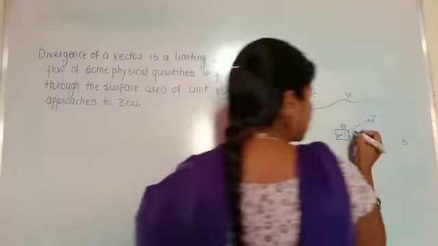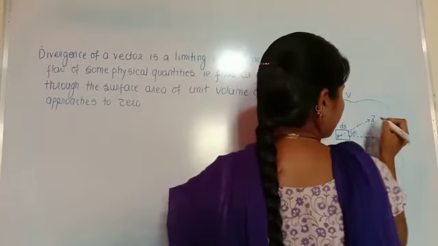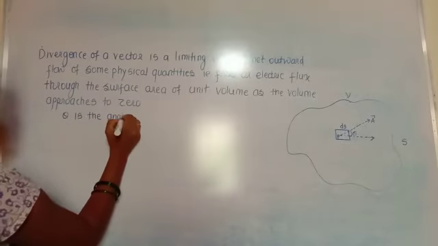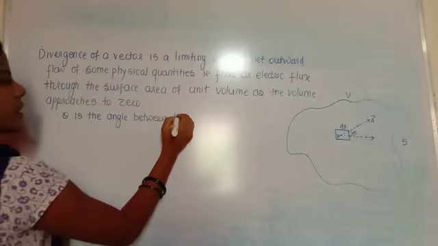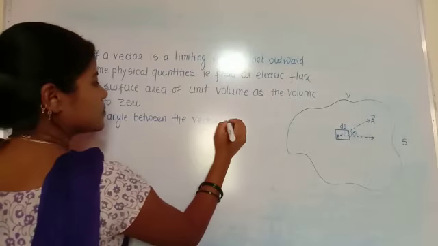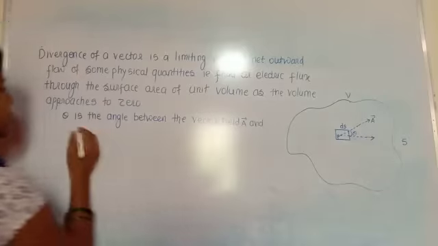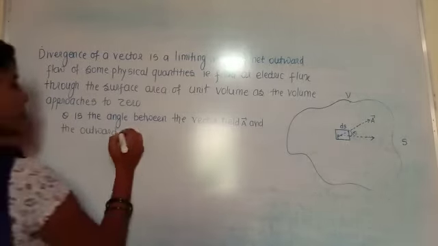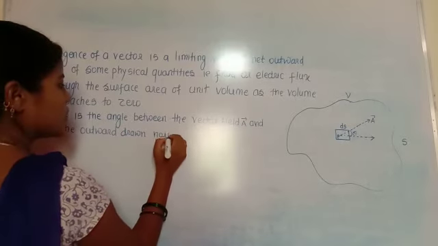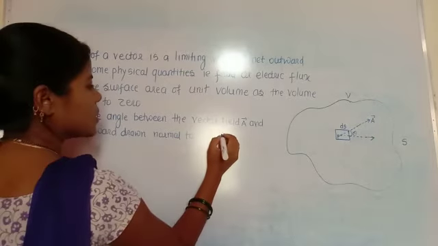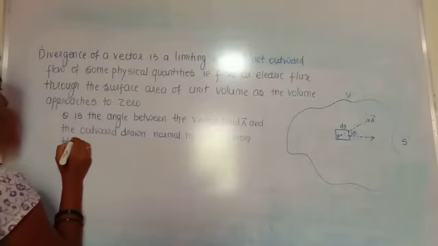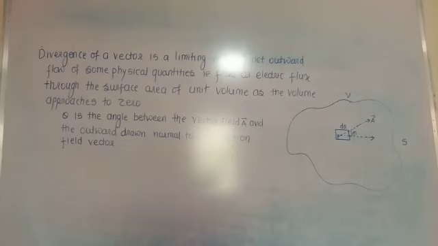Here theta is the angle between the outward drawn normal and the vector field A. So theta is the angle between the direction of the field vector and the outward drawn normal to the surface.